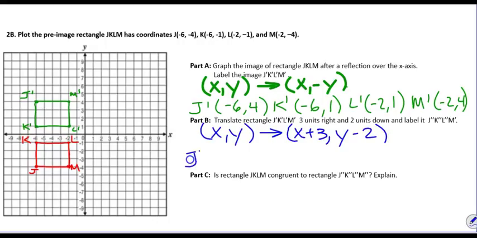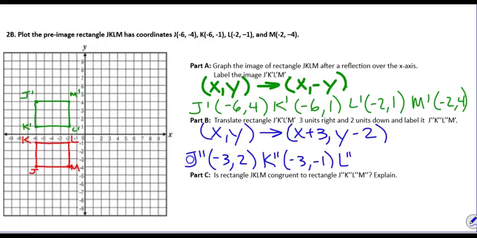So our J double prime, when we do negative 6 plus 3, that gives us negative 3. We do 4 minus 2, that gives us 2. So our K double prime, negative 6 plus 3 is negative 3, and 1 minus 2 is negative 1.